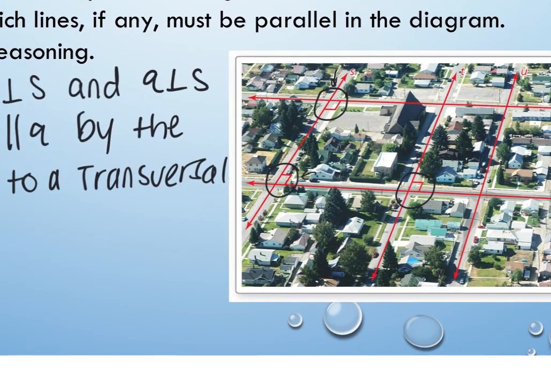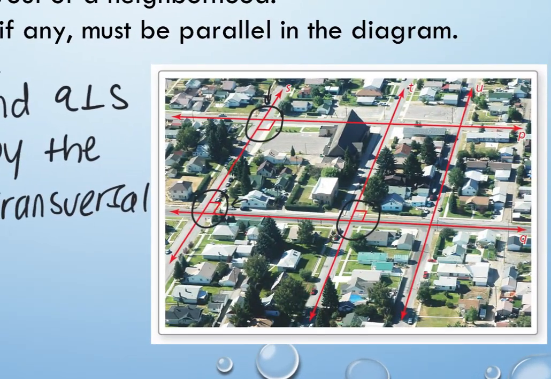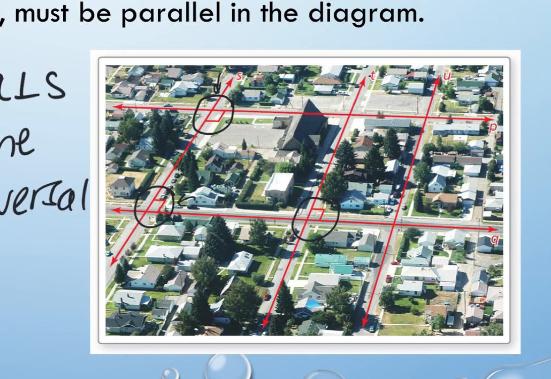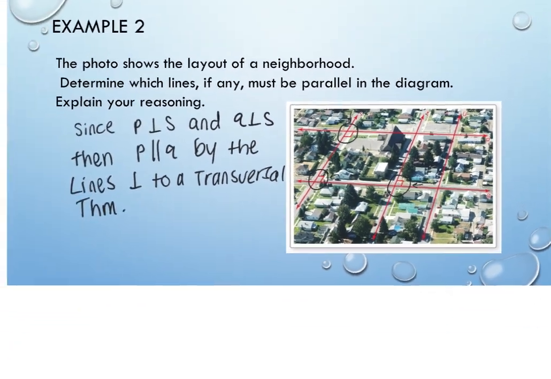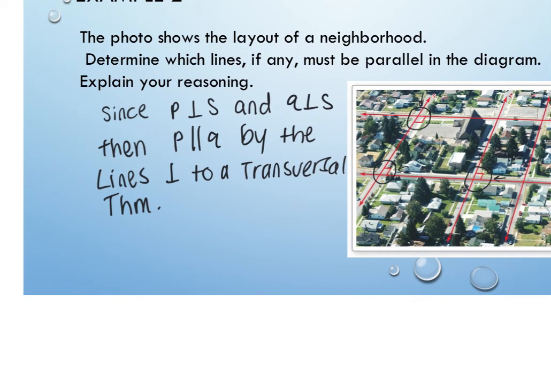Now, there is one more example that we can use. So let's take a look. I see that S is perpendicular to Q, and T is also perpendicular to Q, looking at this, right? So we've got our second one, I'll put it in red.